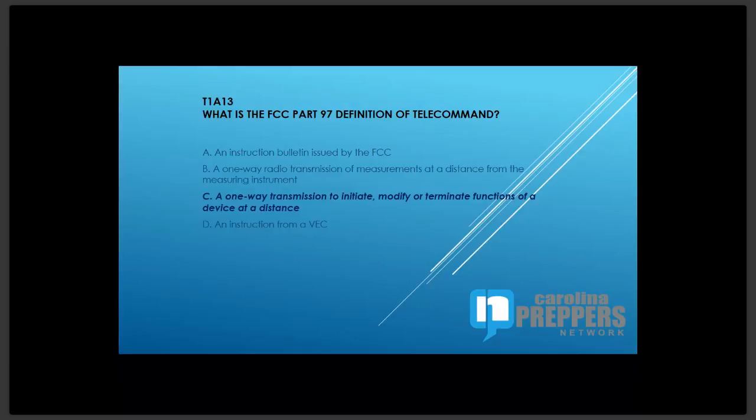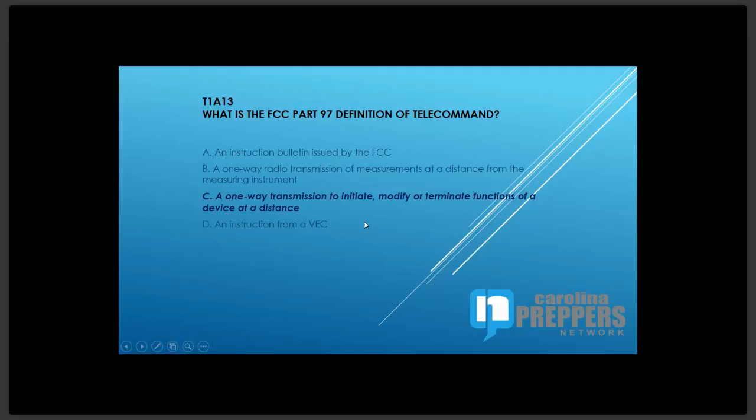So when you think of telecommand, think of things like satellites. It can't be for measuring distance from a measuring instrument. Telemetry is about measurement. Command is about initiate, modify, or terminate. Telecommand and instruction from VEC.